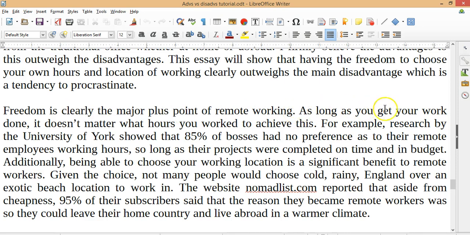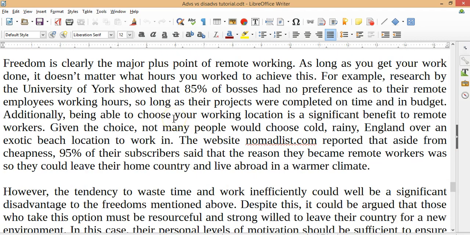Explain it. As long as you get your work done, it doesn't matter what hours you work to achieve this. For example, research by the University of York showed that 85% of bosses had no preference as to their remote employees' working hours, so long as their projects were completed on time and in budget.